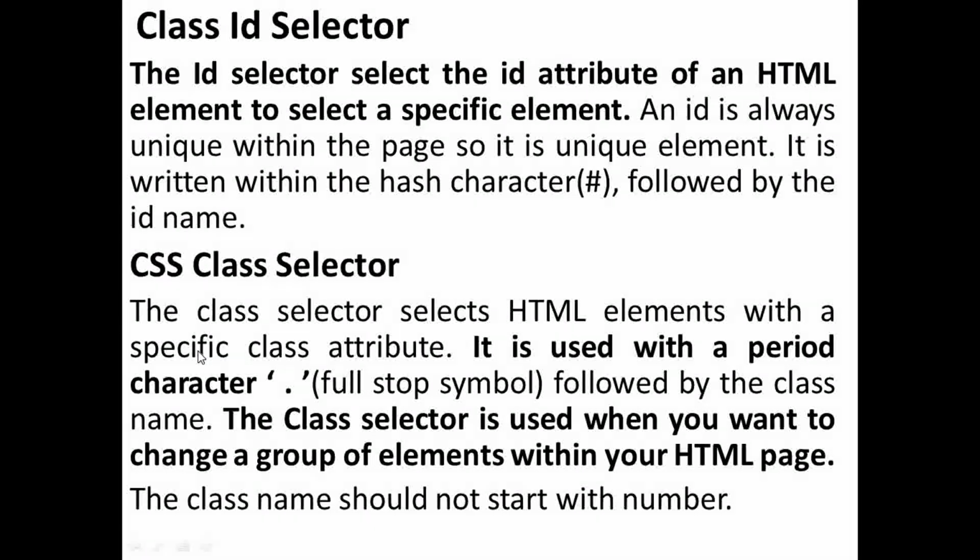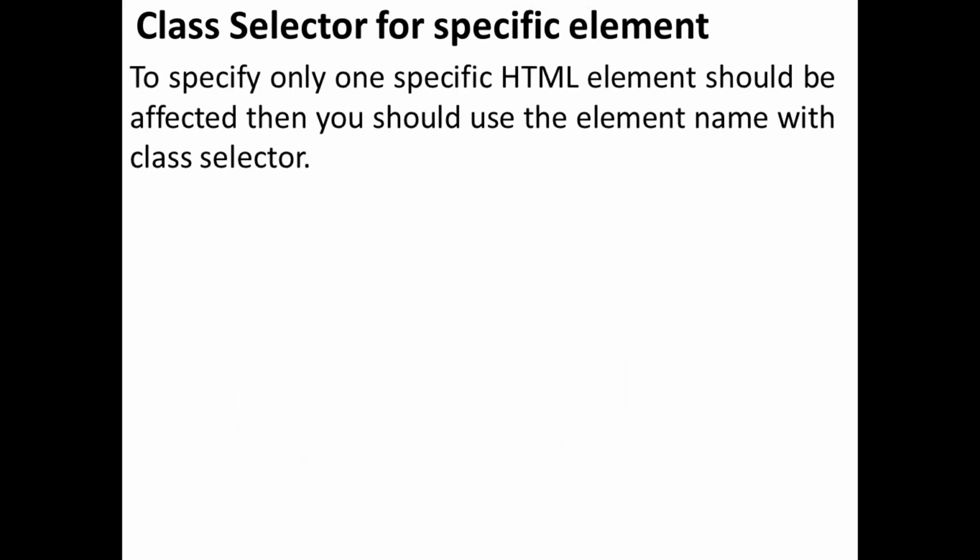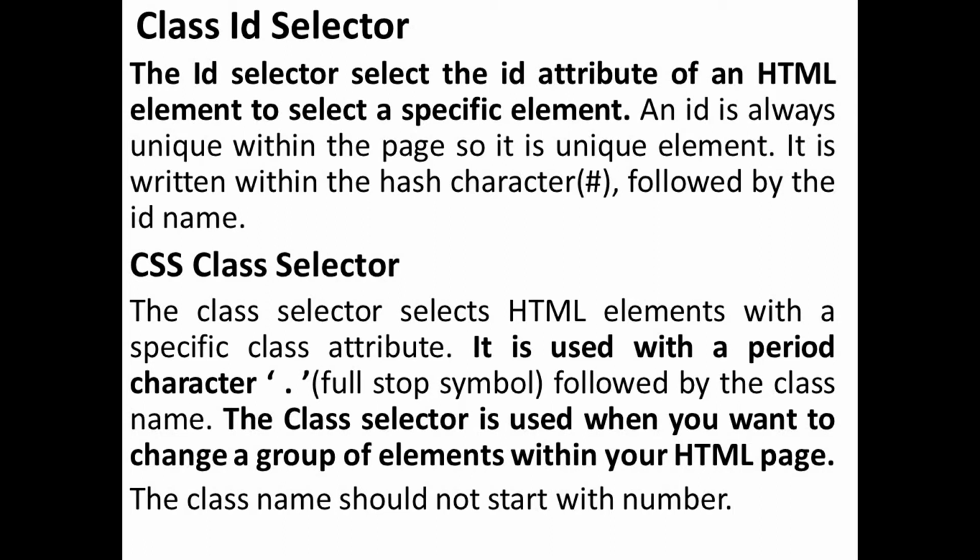The class name should not start with a number. To specify that only one specific HTML element should be affected, you should use the element name with the class selector.